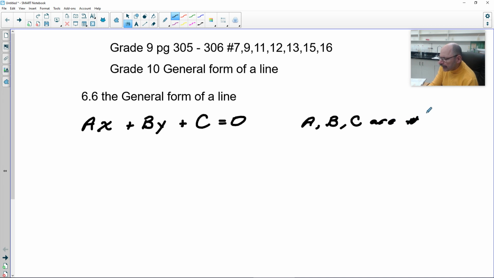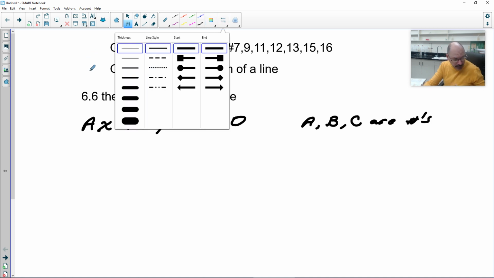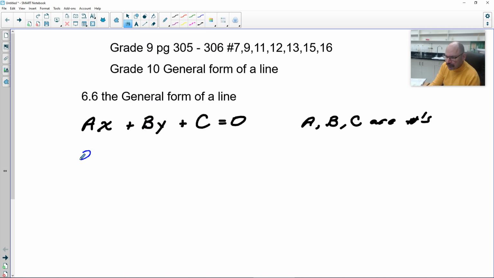So what does it look like if we do an example? You might have something like 2x plus 4y minus 6 equals 0. That would be the general form of a line. You might have decimals, 1.5x minus 3y plus 8.2 equals 0.